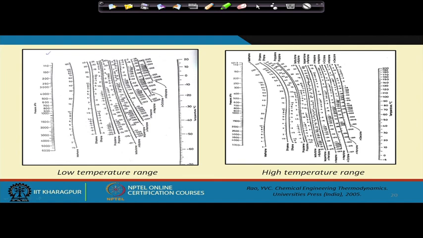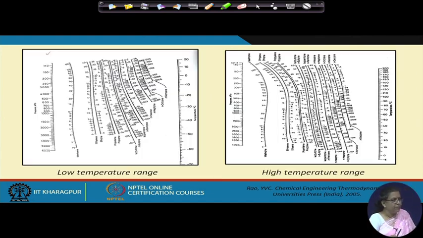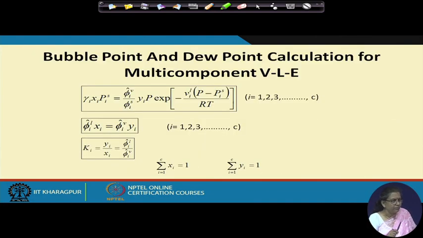Several K plots are available for different pressure and temperature conditions, at low temperature range and high temperature range, from which K can be found out, and the VLE at high pressure can be worked out accordingly.